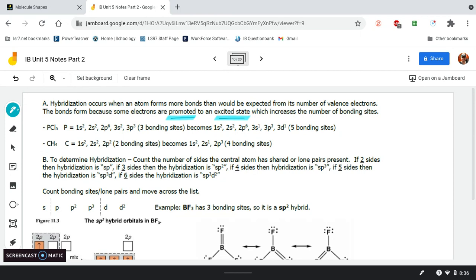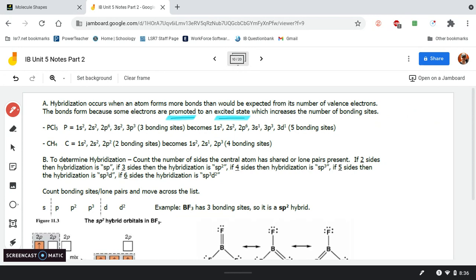Now, what's this stuff about more than expected? Well, if you look at something like carbon, it has 4 valence electrons. You would expect that carbon could make an attachment in 4 places because that's what we've been kind of doing. But if we really dive in and look at the way carbon is set up, it is not quite like that because carbon has 6 electrons.